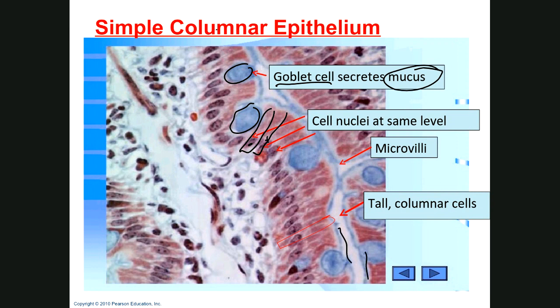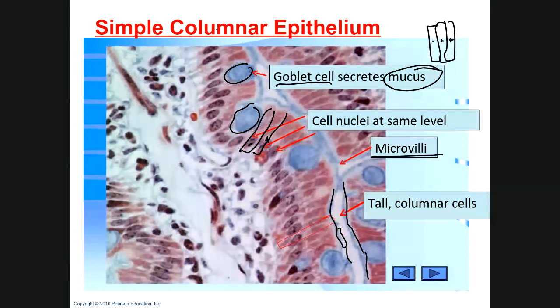And notice also this blue line here on the apical surface of the epithelial cells. That blue line is actually the microvilli of these cells. So these little columnar cells, let me make a few of them.